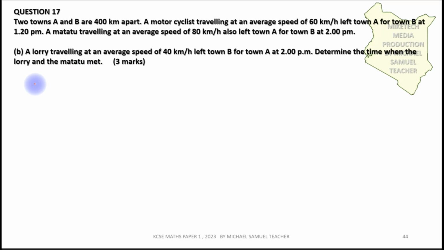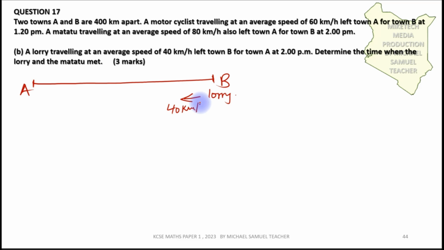So the lorry left town B towards A, and the speed was 40 kilometers per hour, and that was at 2 p.m.